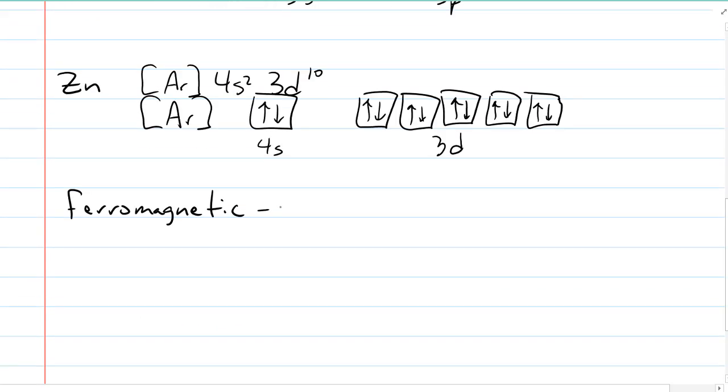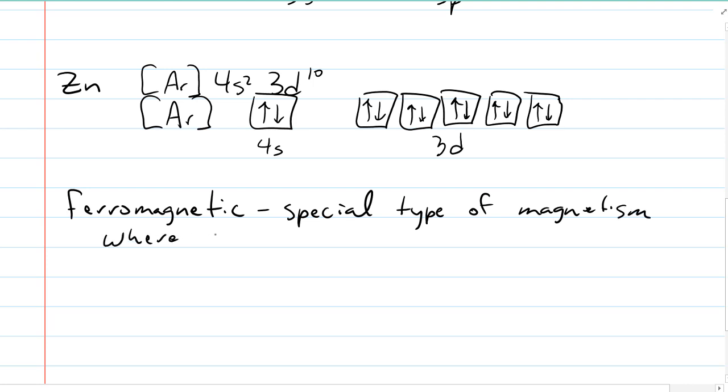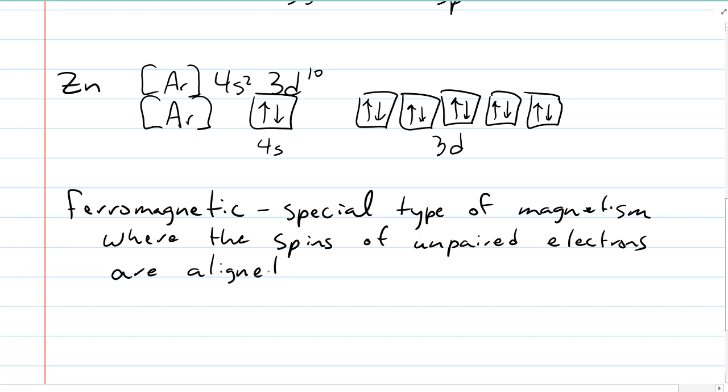This here is a special type of magnetism where the spins of the unpaired electrons are aligned. So ferromagnetism is a special type of magnetism where the spins of unpaired electrons are aligned.